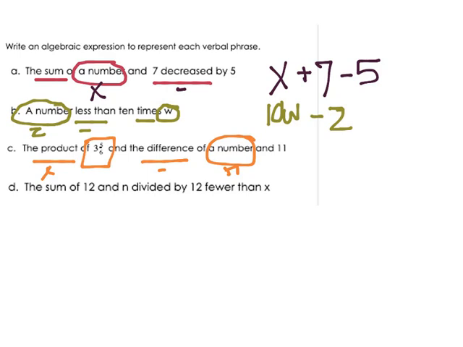So if I want to ensure that something is done first based on the order of operations, I need to make sure, if we're going off PEMDAS, that I have parentheses. So I'm going to first put in parentheses the difference of a number and 11. So the difference means subtraction. The difference of a number, we said we're going to use n to represent that.